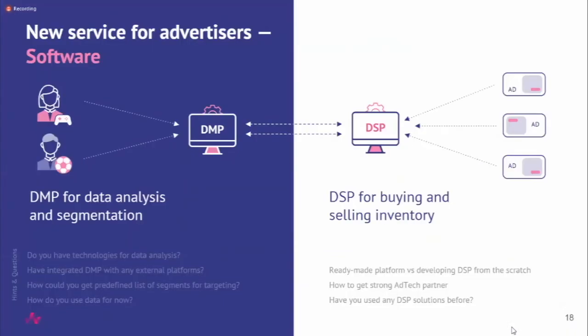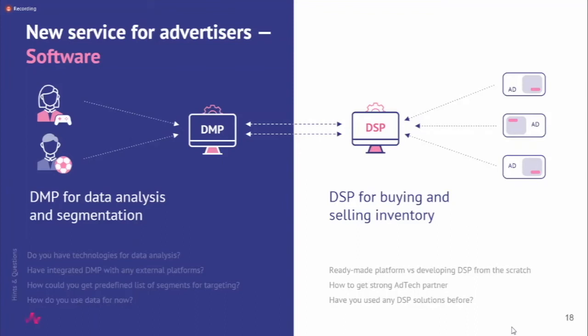First of all, about software. Usually, a mobile network operator has some DMP, some big data technologies for data analysis. So I would like to tell you more about another part, the DSP for buying and selling inventory. In Russia, most mobile network operators have tried to use these technologies for a couple of years in different ways.